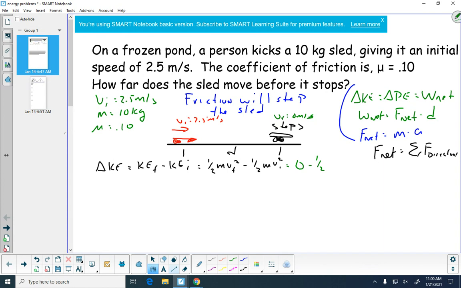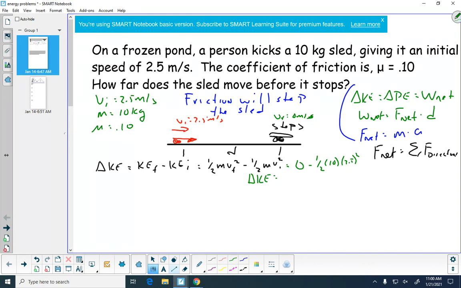So we have 1/2 our mass, which is 10 kilograms, times 2.5 squared. So we have 1/2 times 10 times 2.5 squared.